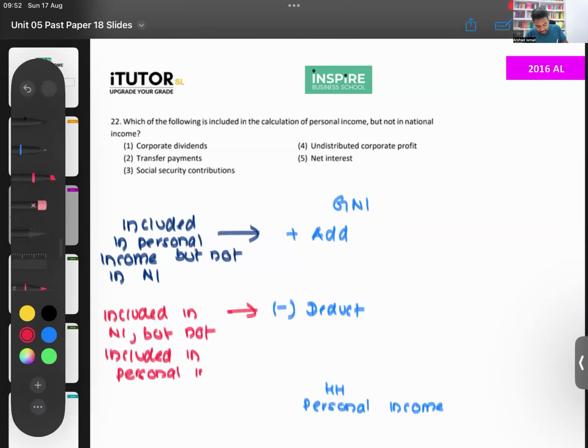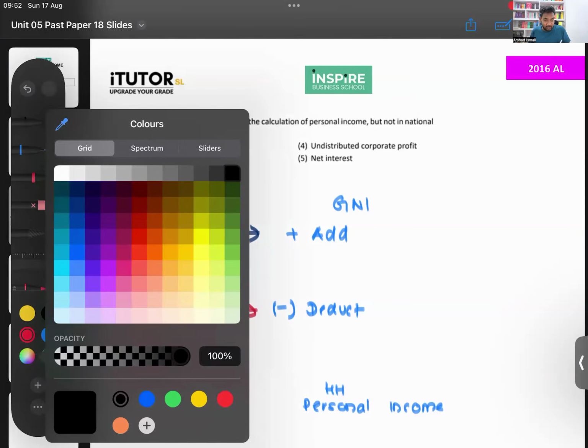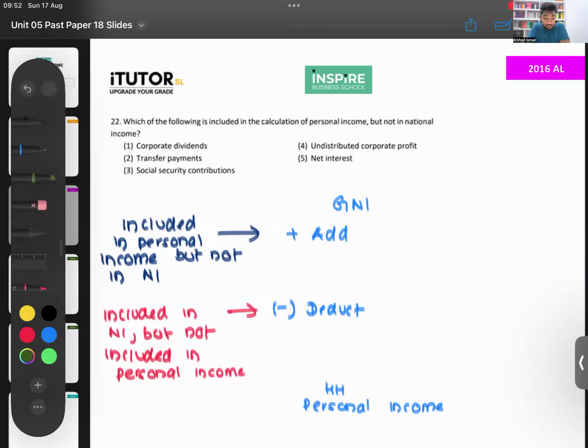So can you all tell me some components? What should I add? What should I minus? Just for our overall understanding. What should I add? It's not in national income, but it is there in personal income. You have these transfers, right? You have things like pensions, even foreign current transfers, right? You have all of that. So things like pensions, or in other words, transfers, you have to add things like net secondary income.